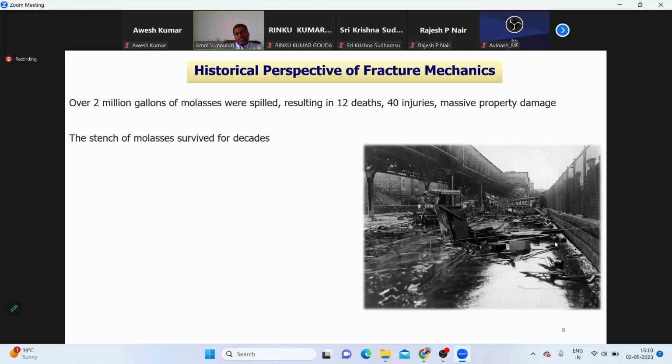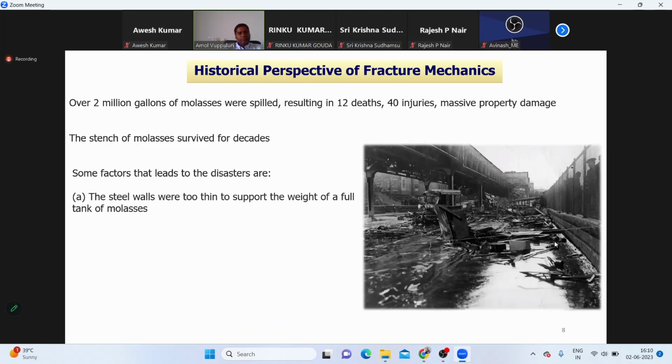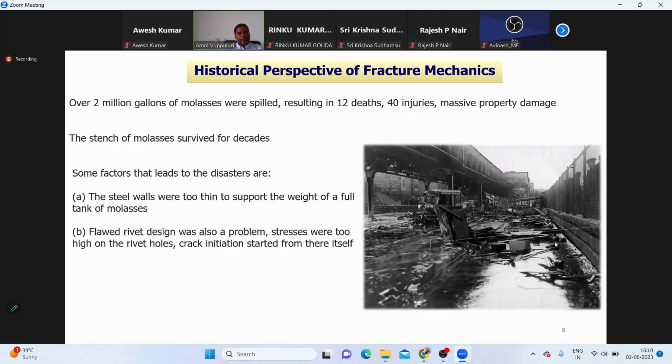So what could be the potential reason for this tank to undergo a burst? Some factors that led to the disaster are that the steel walls were too thin to support the weight of the full tank of molasses. Flawed rivet design was also a problem. Stresses were too high at the rivet holes, and the crack initiation started from there, so the riveted holes themselves were the sites for a crack to propagate.